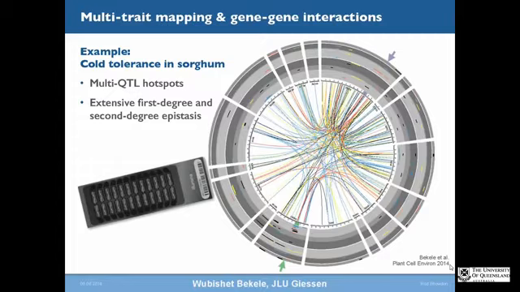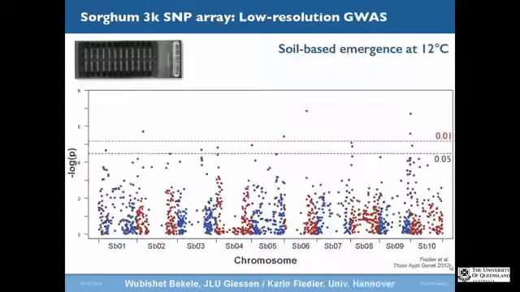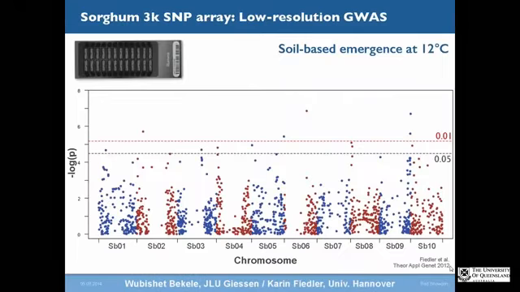And we can try and focus in on these by looking at a higher density on the genome, using a SNP array, for example, as shown here on the left, or by using other materials, other populations to fine map this kind of region.